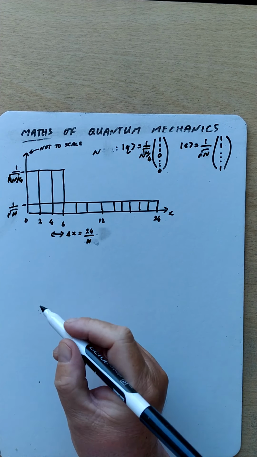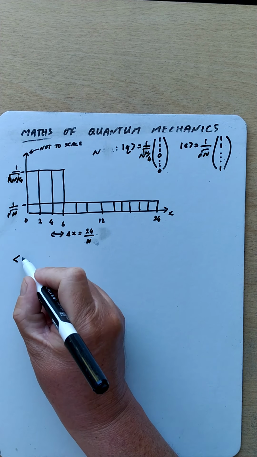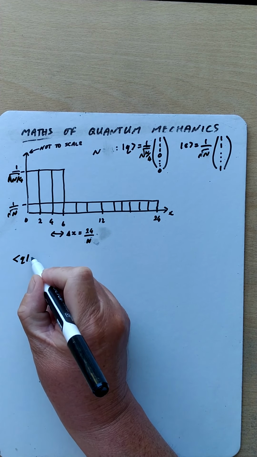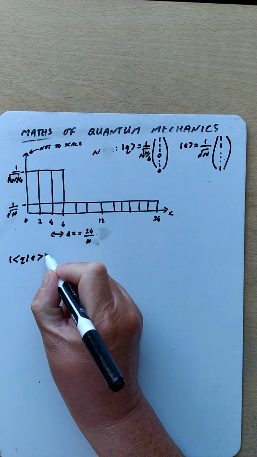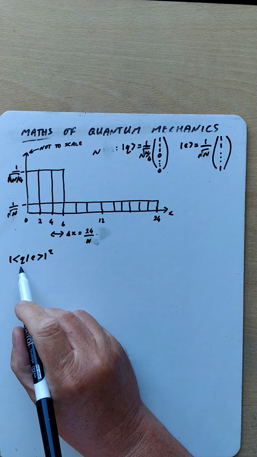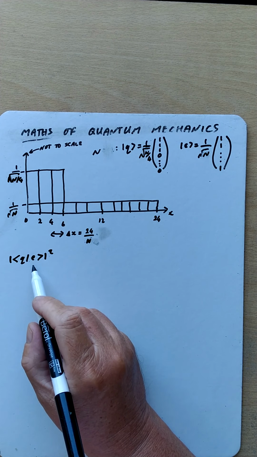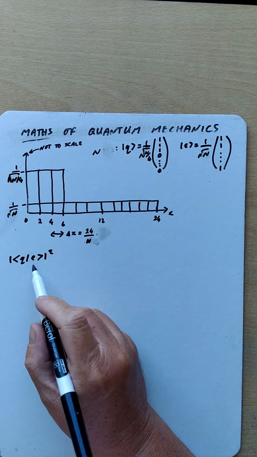Now let's just evaluate our probability. Probability of landing in the first quarter, given that there's equal probability of any value.